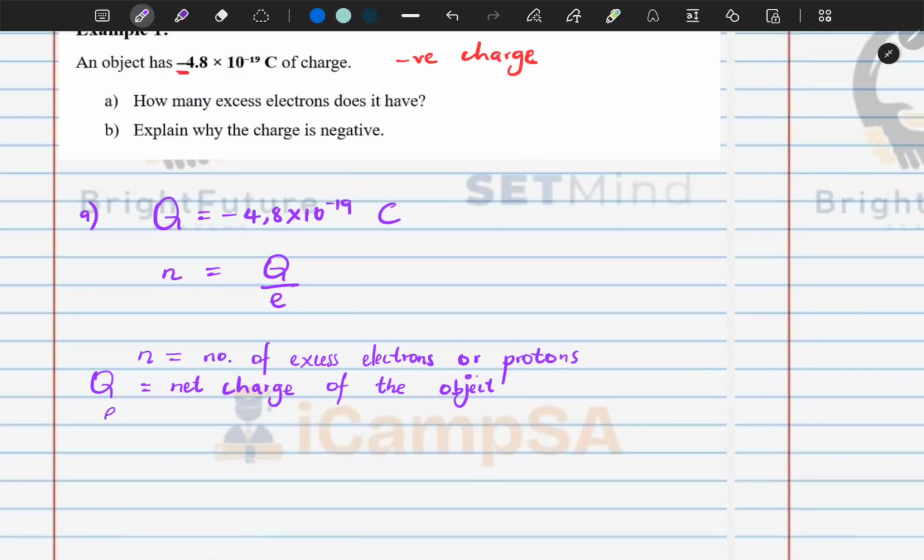And then there's E. E is the elementary charge of one electron. It's the same for a proton as well, just that for a proton it would be positive instead.